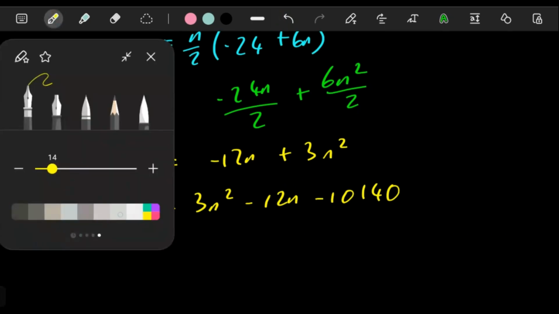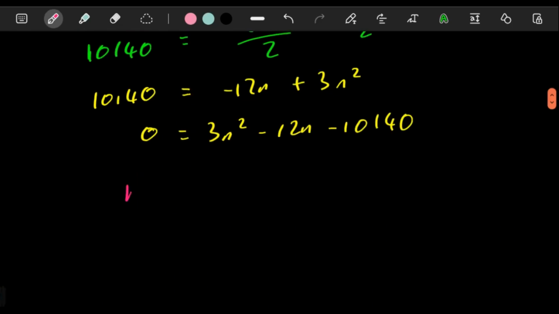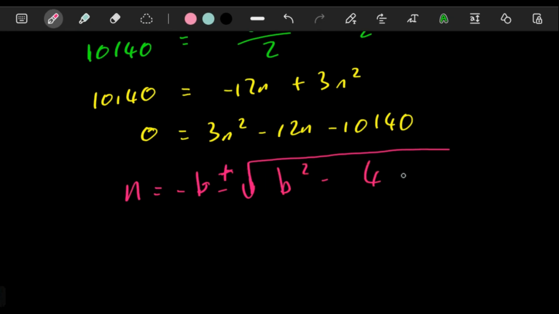Moving forward, we can just use the quadratic formula for this one. n is equal to minus b plus or minus the square root of b squared minus 4ac, the whole thing over 2a.